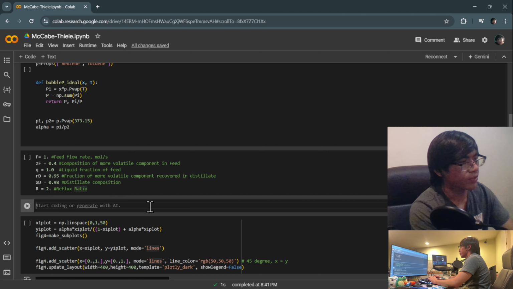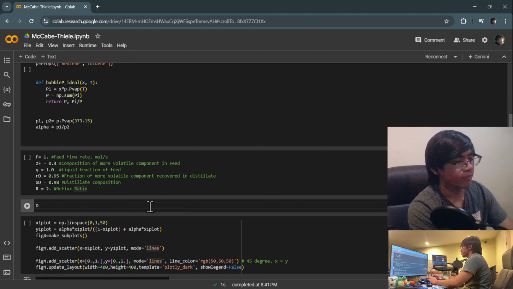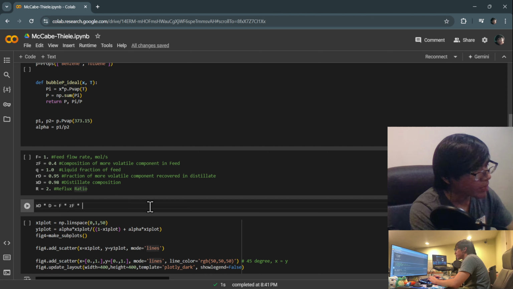Remember, our distillate flow rate has a corresponding distillate composition, as I initialized there, and that is our number of moles of the more volatile component. Well, that must be equal to what's coming in. What's coming in? We have our feed times our more volatile component composition, and that is also times our, I'm forgetting something here.